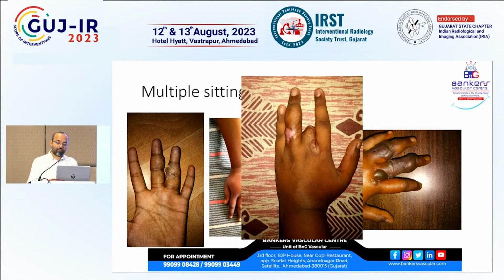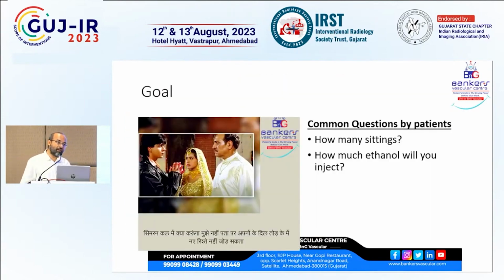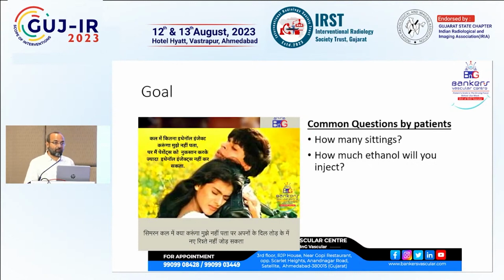So believe me, ethanol is a very important and very good embolizing agent, but we have to use it very cautiously. And an expert has already told us a few years back that if you don't have clarity in your mind, then remember that ethanol should be injected in such a way that you are not going to harm the normal tissue, and you are targeting only the nidal cell.